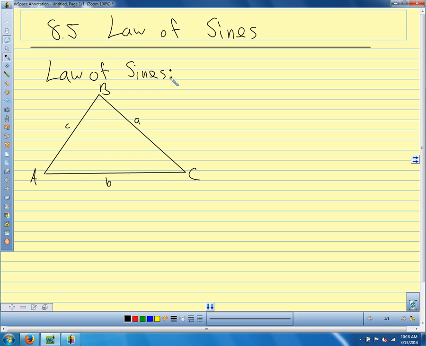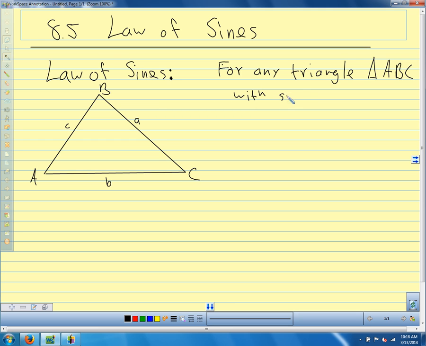So the law of sines tells us, for any triangle, and we're going to call it triangle ABC. And so A, B, and C are angles, and the sides are small a, small b, and small c.